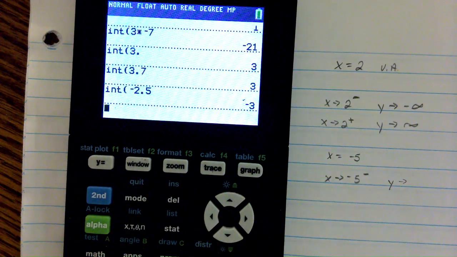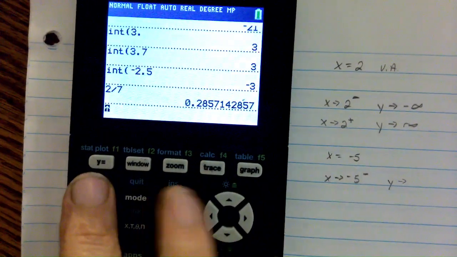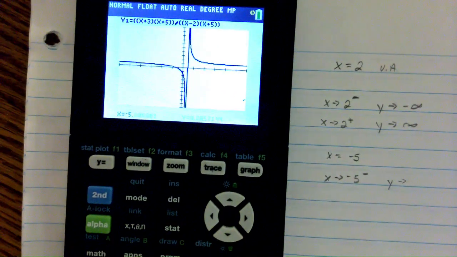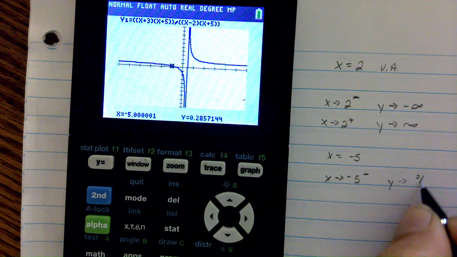I happen to notice that 2000 over 7000 is .2857. See that 0.2857? So it's getting really close to 2/7.